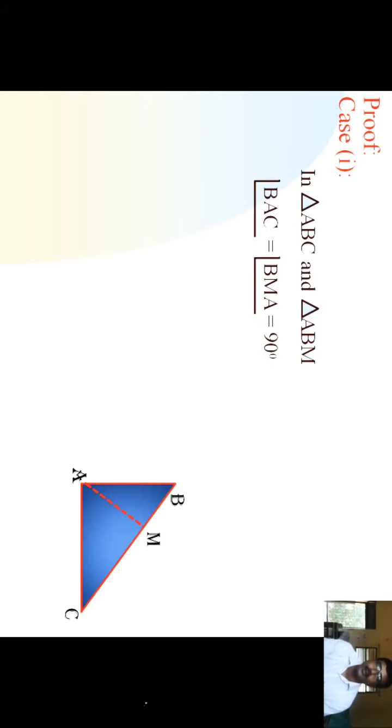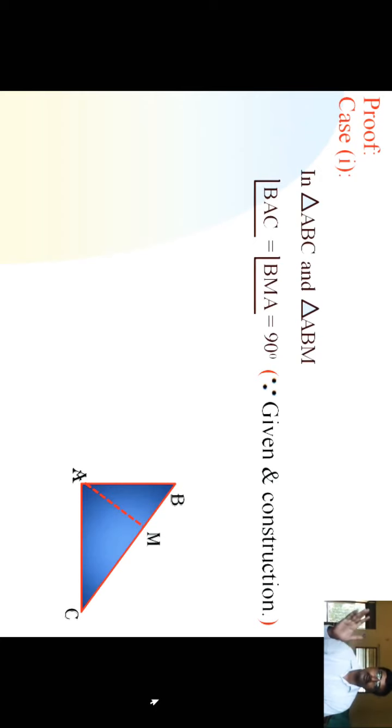How do we know that these two angles are equal to 90? One is on the basis of the data, another one is on the basis of our construction. So out of the three angles, one of the angles we have proved here as equal. One more we need to use the AA criteria, angle and angle criteria. One more angle we need.